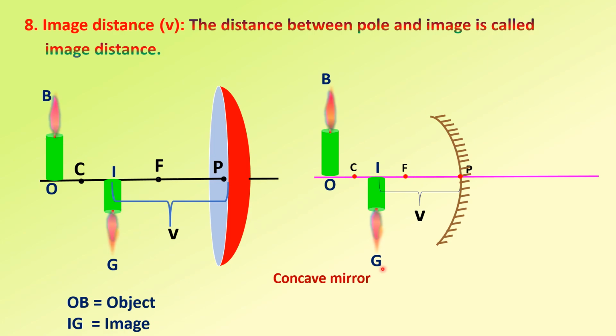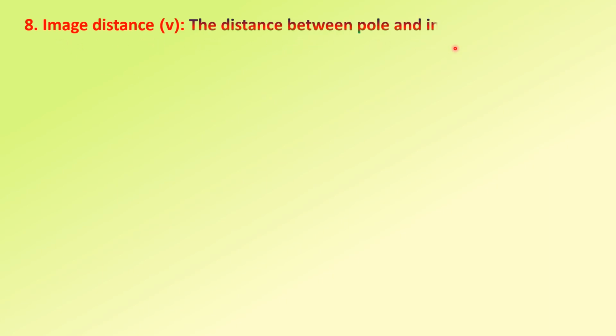So object distance is represented by U, and the image distance is represented by V. And image distance in case of convex mirror, let us see here: image distance V, the distance between pole and image, is the same as above.